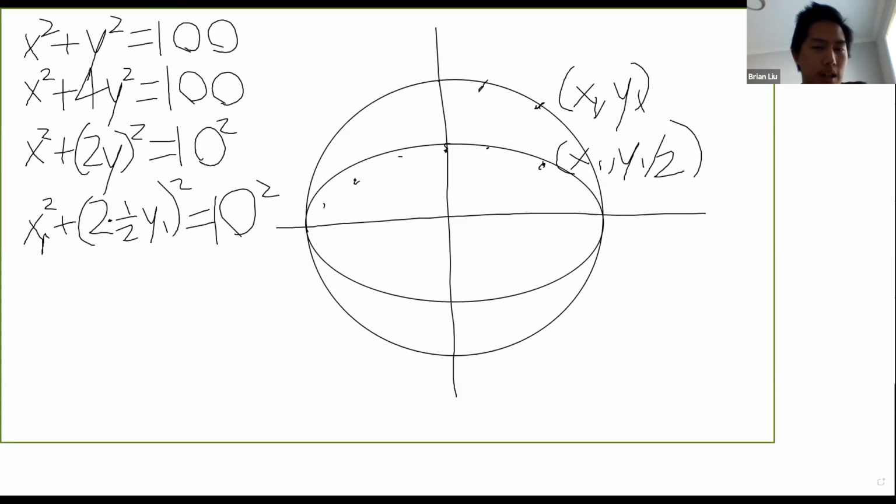And how do we parameterize it? Well, since we're having all the y's, right?